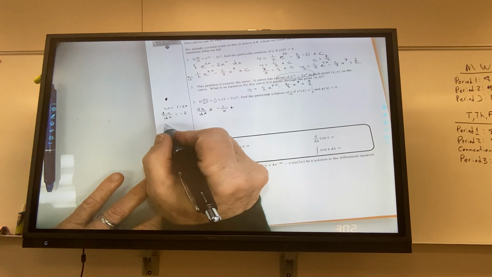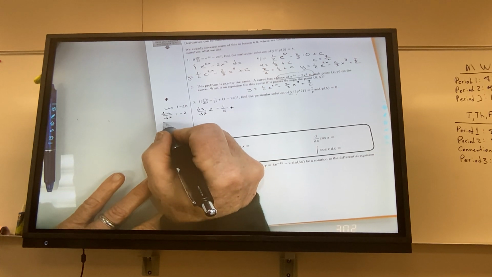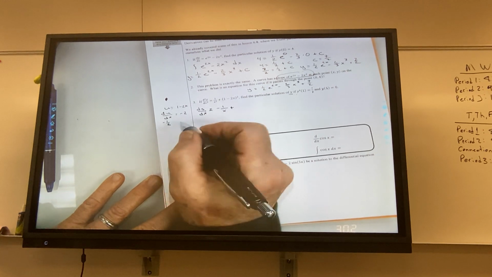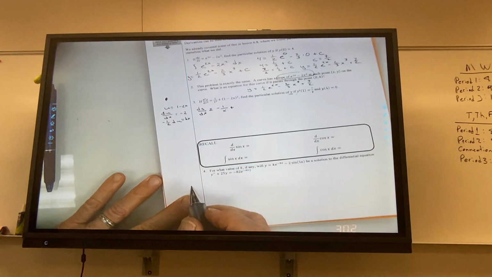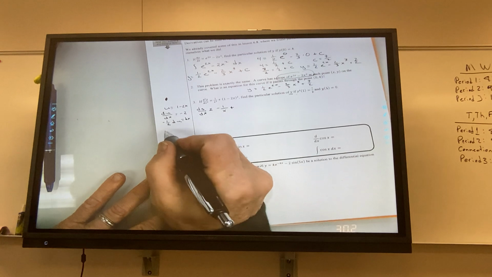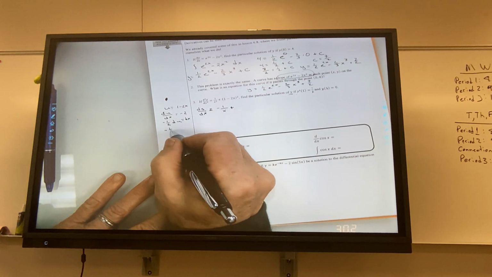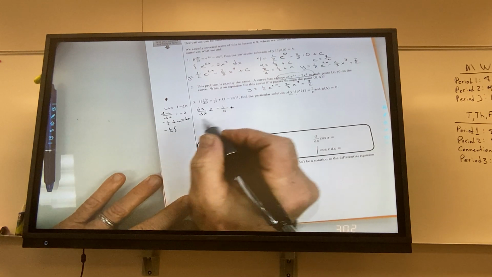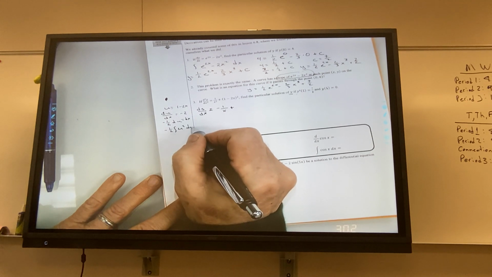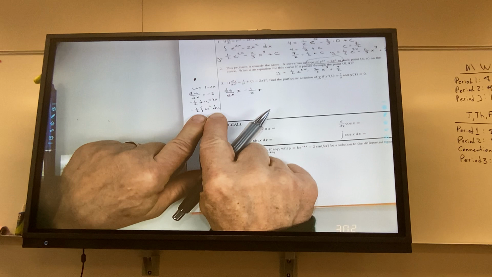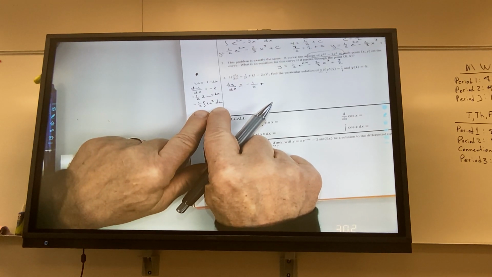So that means -1/2 du is equal to dx. Would you agree with that? And then it would become -1/2 integrate u to the second power du. Are you okay with what I put in the margin right here? Okay.